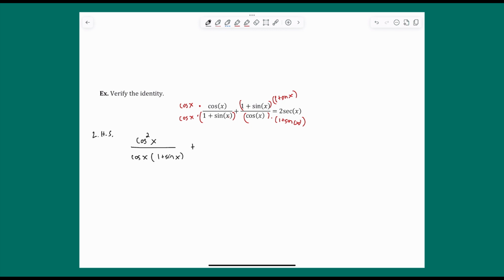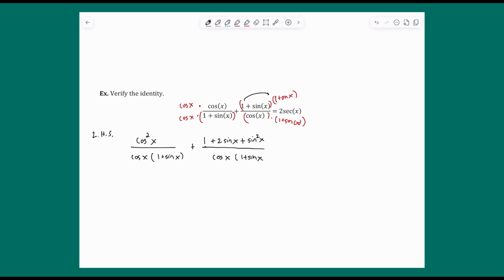Then I have plus, and I'm going to go ahead and distribute here. 1 times 1 gives me 1, and then 1 times sine of x, plus 1 times sine of x again, which gives us 2 sine of x, and then plus sine times sine, so that's sine squared of x, all over cosine of x times 1 plus sine of x.